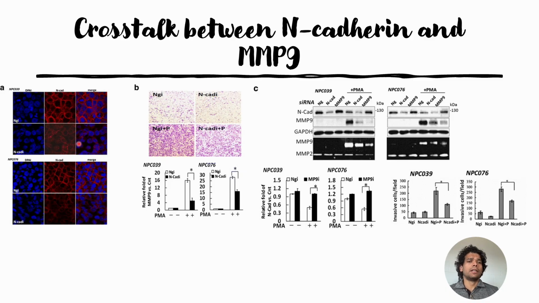First they check the invasion assay, whether knocking down N-cadherin will have any impact on cell invasion or not. For the control, when they use the control siRNA and then treat the cells with PMA, they see that cell invasion increases compared to the case where they don't treat the cells with PMA.